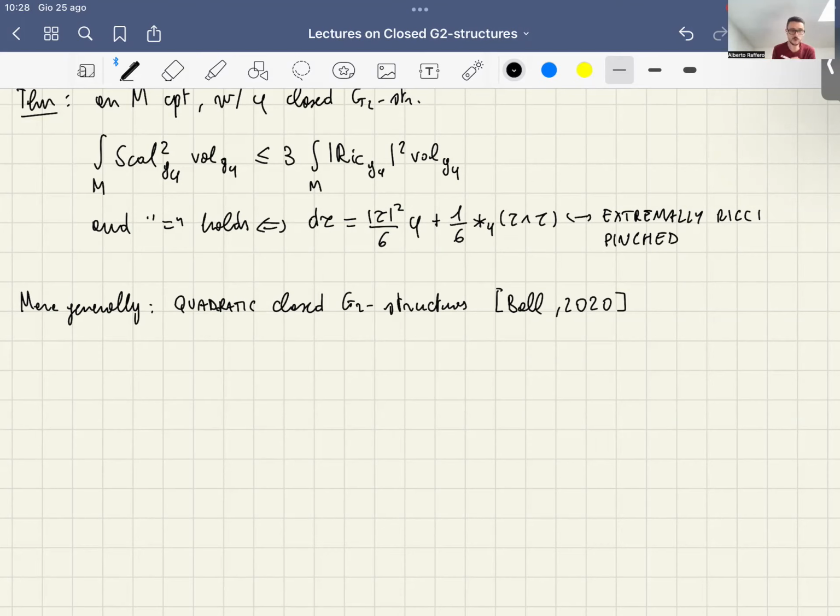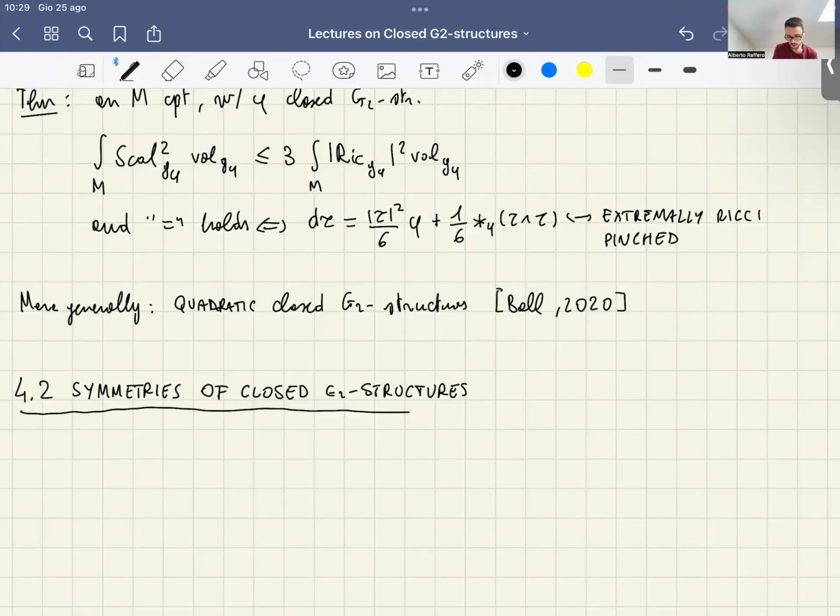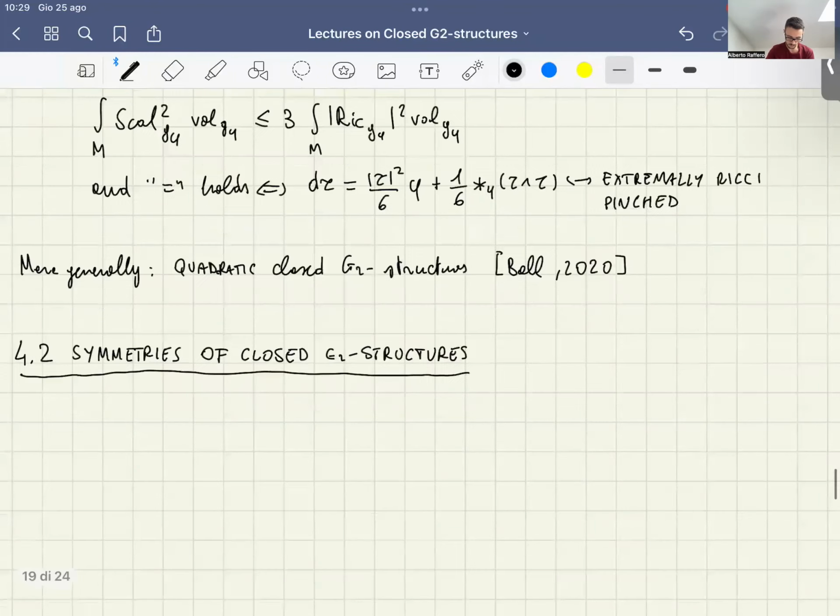So now we can move on and focus on the second part of this lecture that deals with symmetries of closed G2 structures. And in particular, in the construction of examples using symmetry techniques.